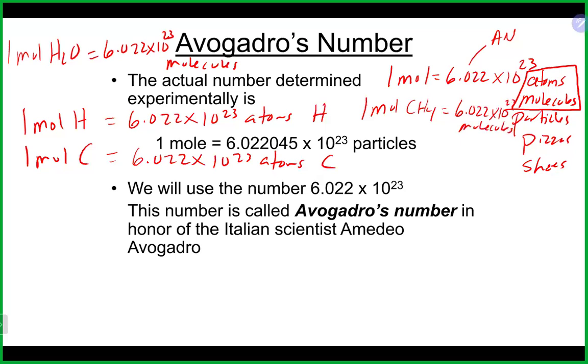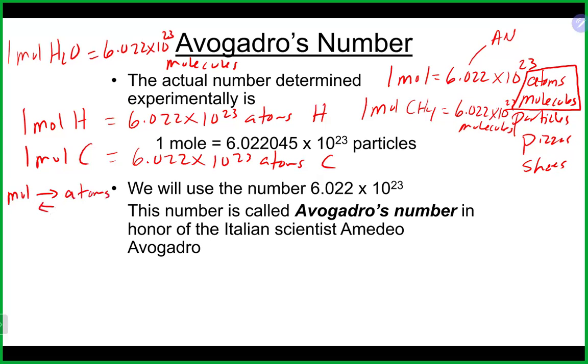So what is Avogadro's number used for? It really is pretty much used as a conversion factor that allows you to go between moles and atoms or molecules, and backwards.